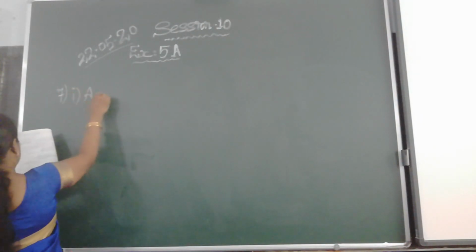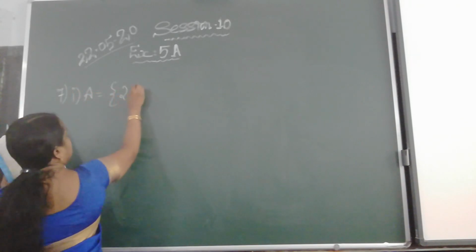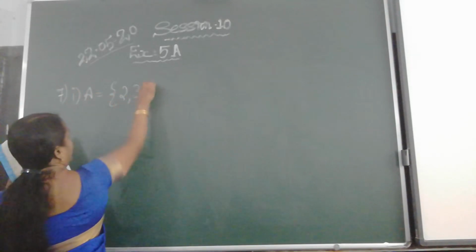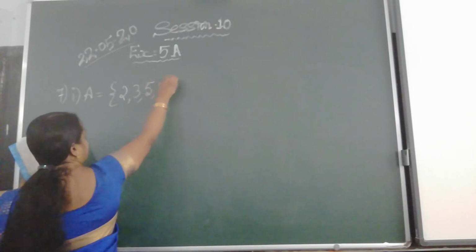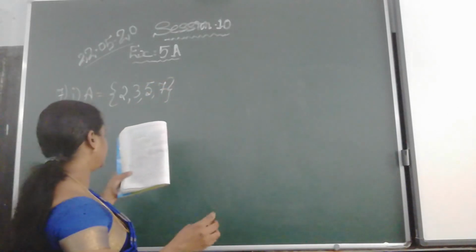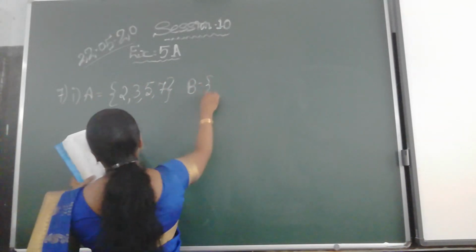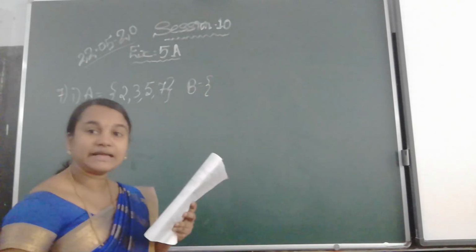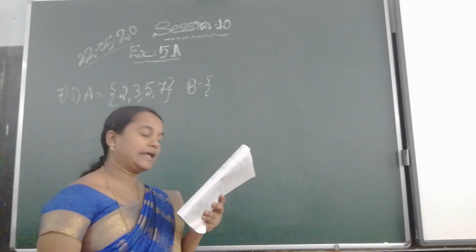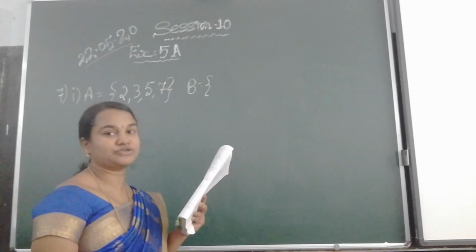First one it is given: A equals 2, 3, 5 and 7. And B it is given like this: x such that x is a whole number and x is less than or equal to 4.